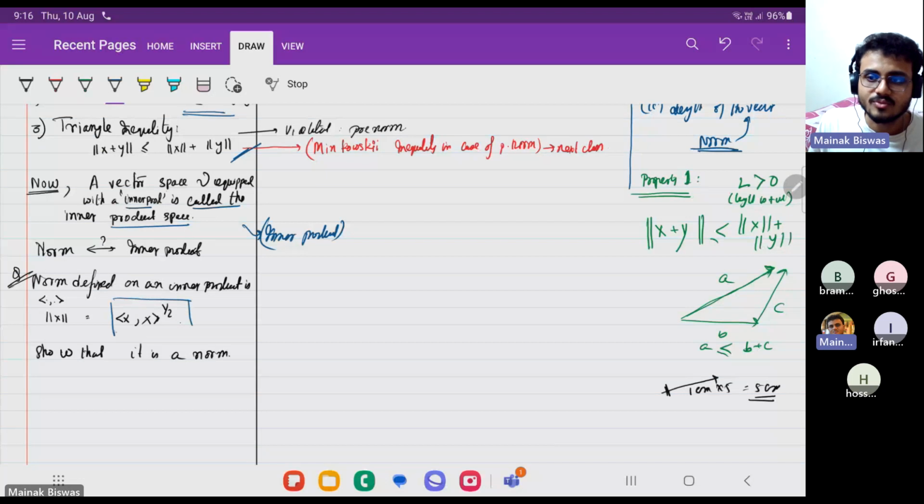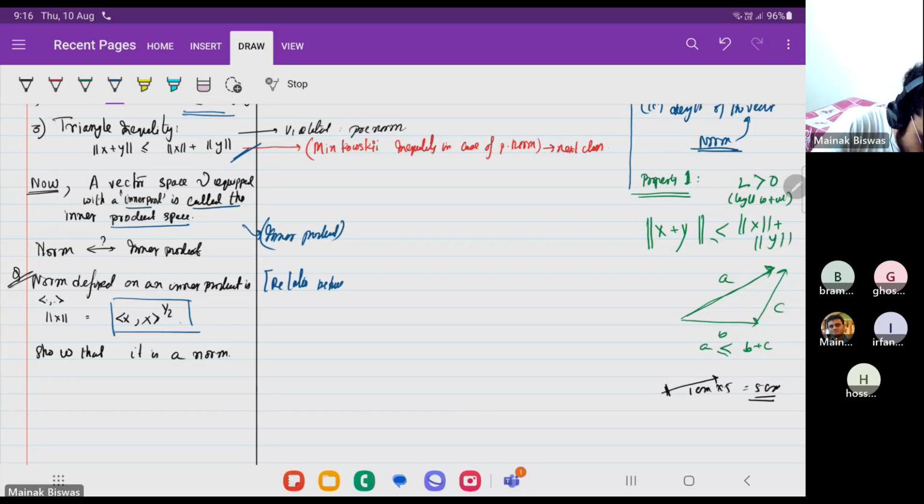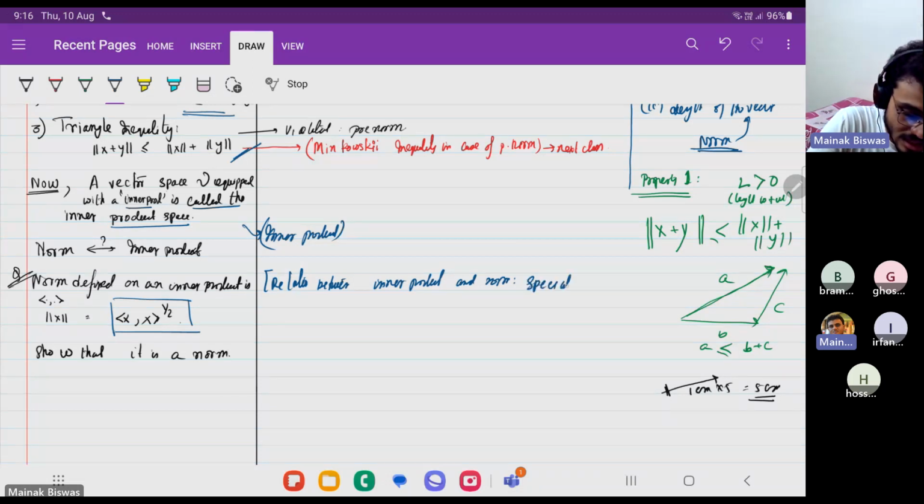I will show you the relation between inner product and norm. It is not a general relation, but a specific one. Norms can be anything and need not be defined with an inner product, but you can always define one with an inner product. So I will say the norm of the vector is defined by the inner product of the vector with itself.